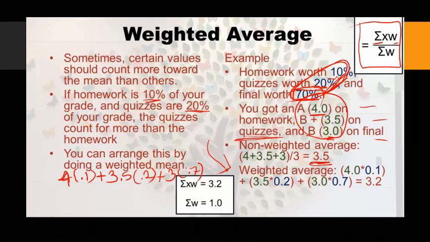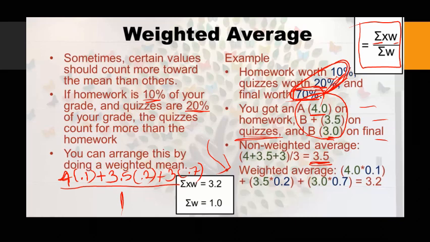So basically what you're going to do is take all of this and divide that by 1, which is going to give you, one second, yep, I got 3.2.